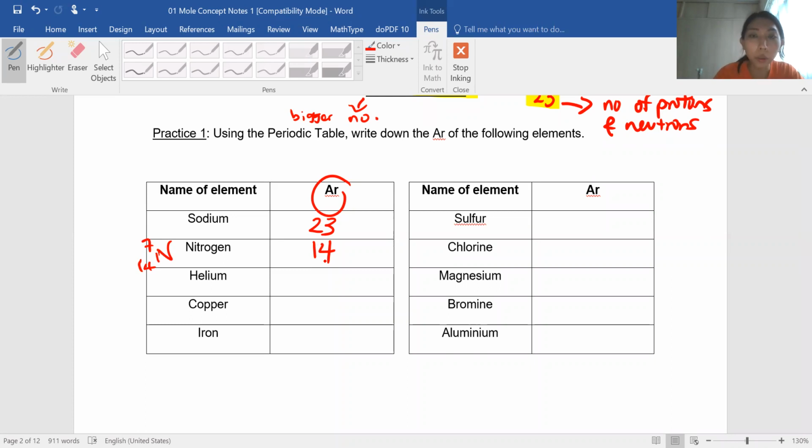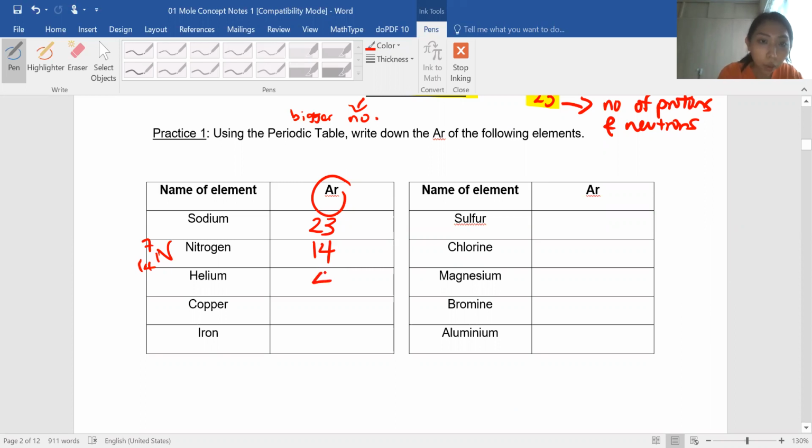Carry on with the rest of the practice here from the periodic table. Pause your video here to carry on the practice. Now let me continue.